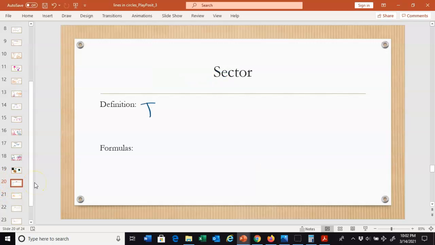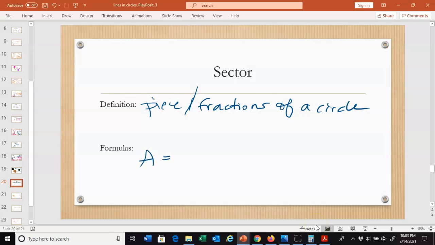So we can write that definition. A piece or fraction of a circle. And the formula for area of a sector is pi times r squared, and then you multiply by the angle over 360.